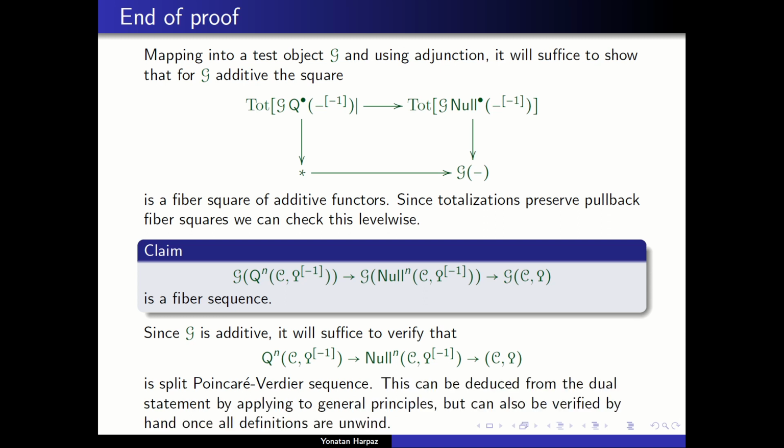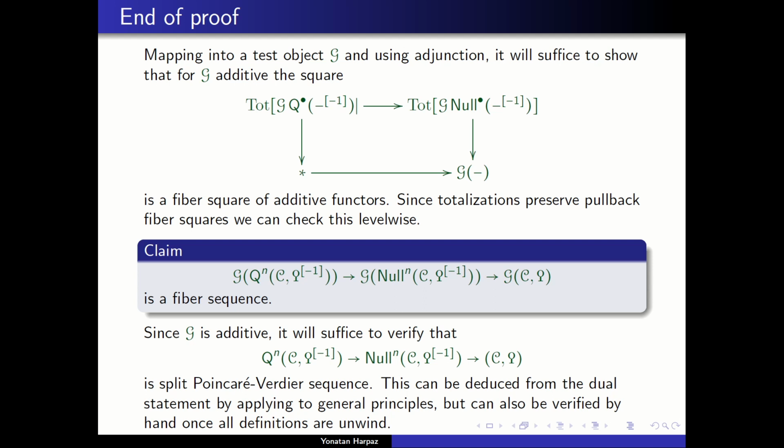Now, at this point, one can apply general principles and somehow show that it will be enough to check the dual sequence, which is more familiar, which involves the dual Q construction and the dual null construction, in which case these things are more familiar and easy to check.